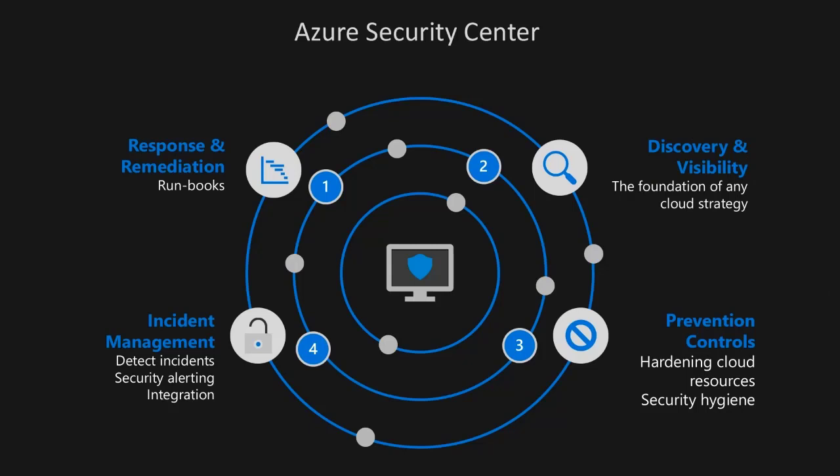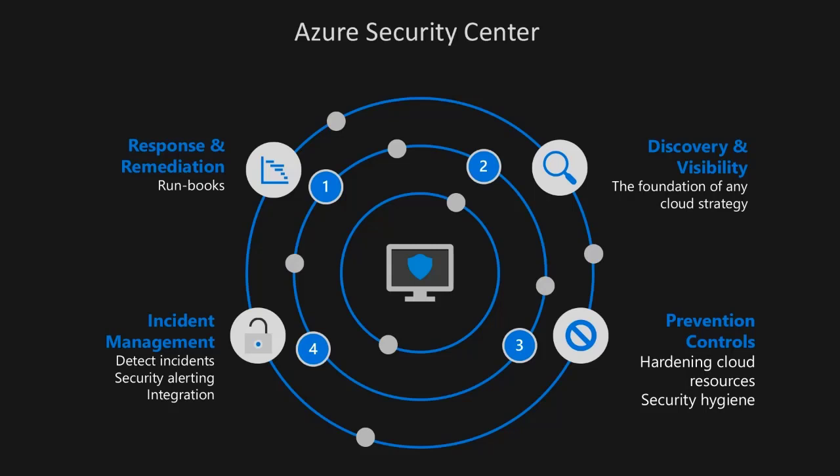Azure Security Center is a unified infrastructure security management system, and the goal of this system is to help you increase the security posture of your data centers. Remember, not only Azure, and then provide advanced threat protection across your hybrid workloads in the cloud, on other clouds, in Azure, on your data center. So that's the definition of Azure Security Center.